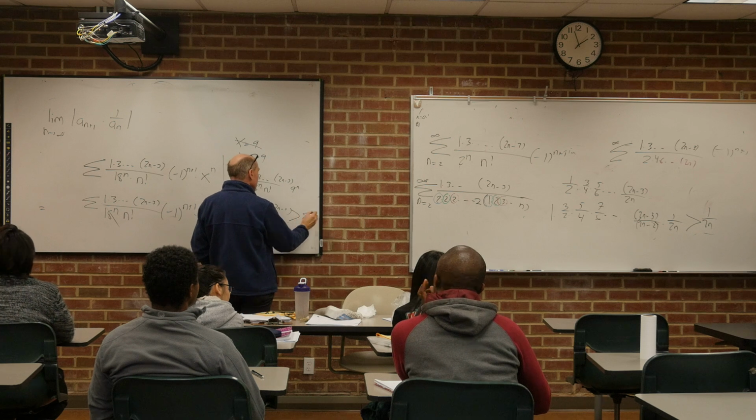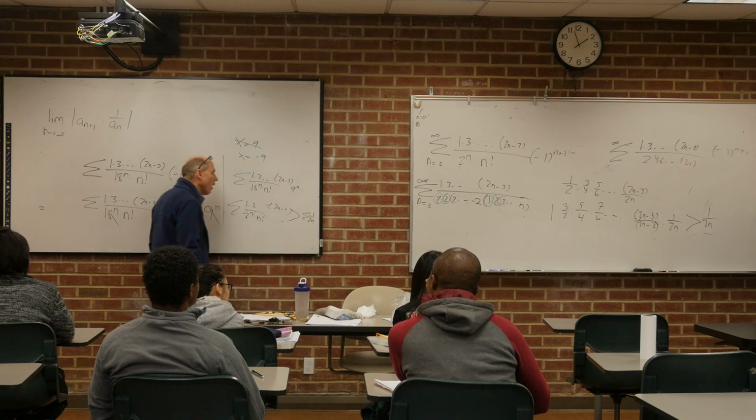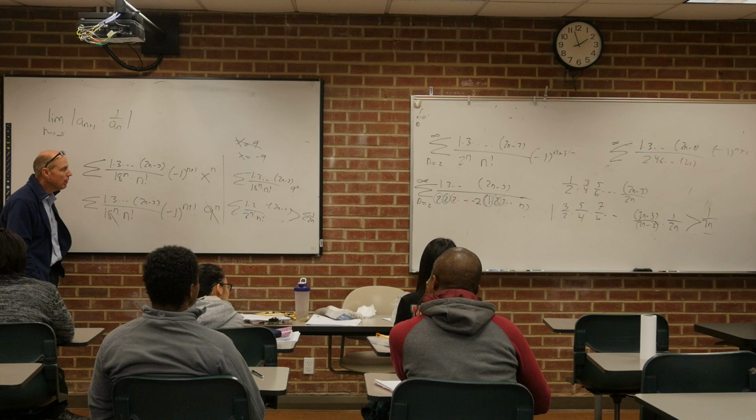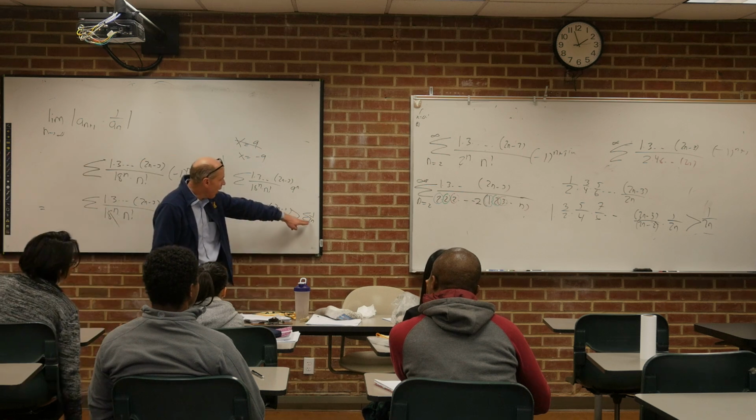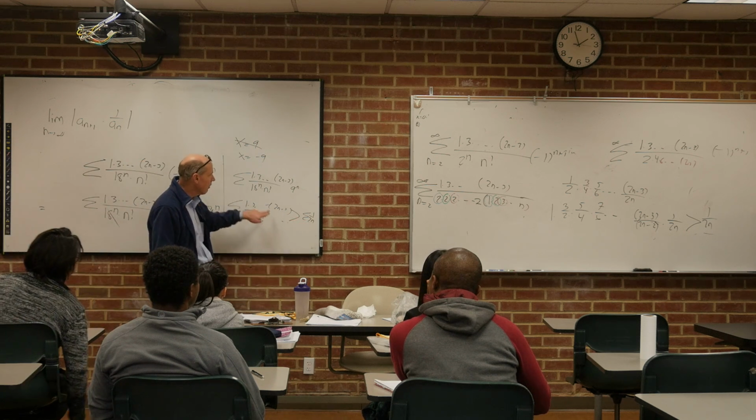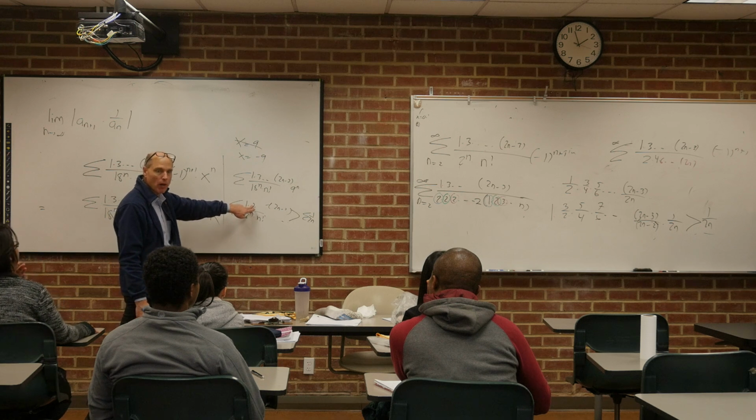And this is going to be bigger than 1 over 2n. This guy diverges, it's half the harmonic series, so this guy diverges as well.